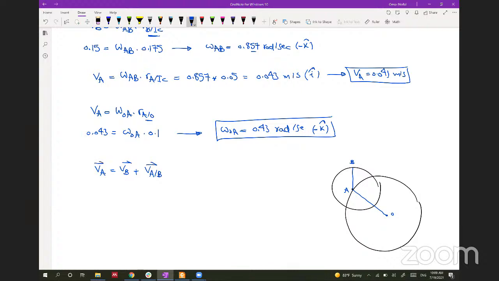Also for the omegas, sometimes you want the omega of a body, and OA has an omega and AB has an omega with respect to OA.